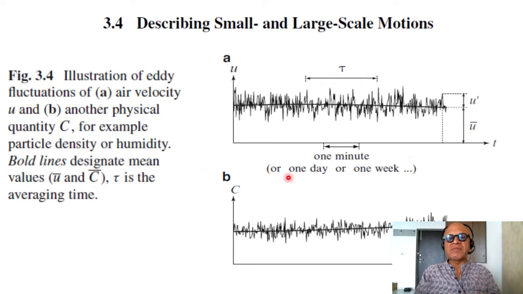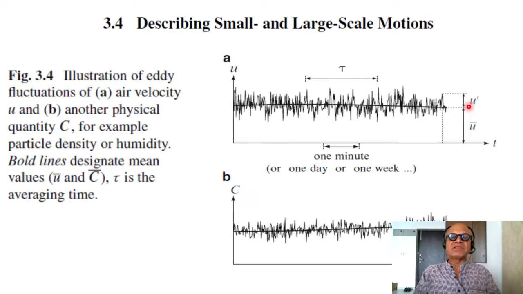So here is the time axis, here is u, and here is some other quantity c. So you see that there is the long-term average and there are high frequency fluctuations within that. So we will see an example of the ocean circulation from that. In this case, basically we can divide the velocity u into the average over a long time u bar and then deviation from that u prime.